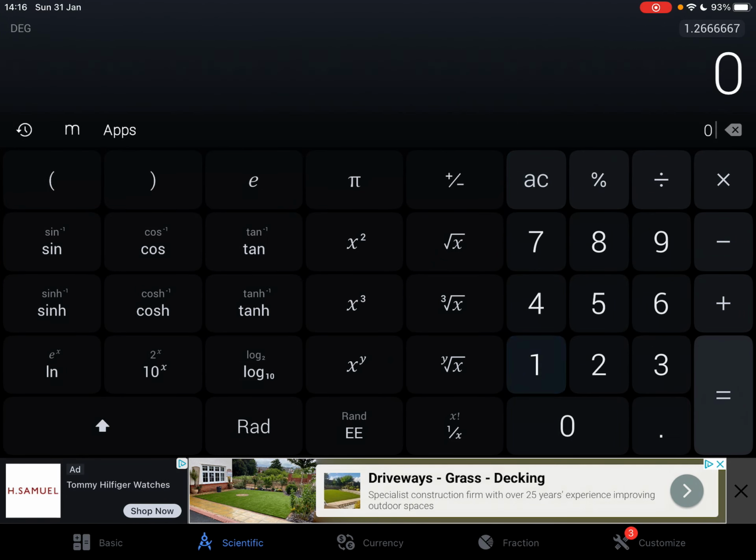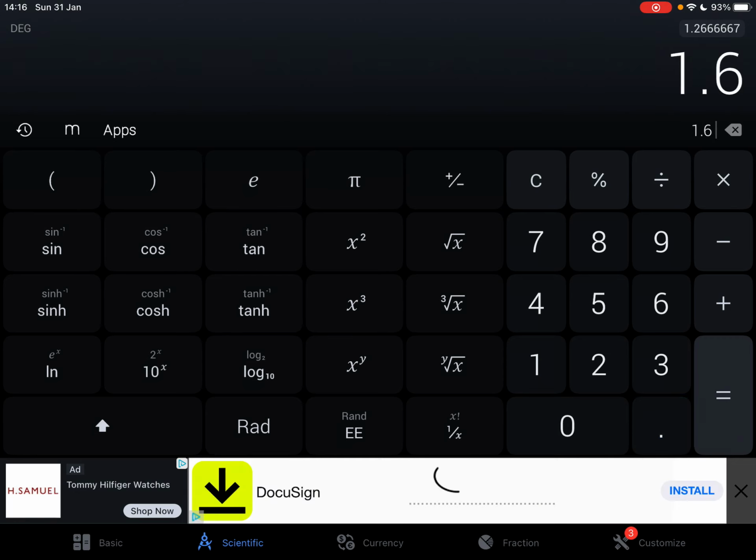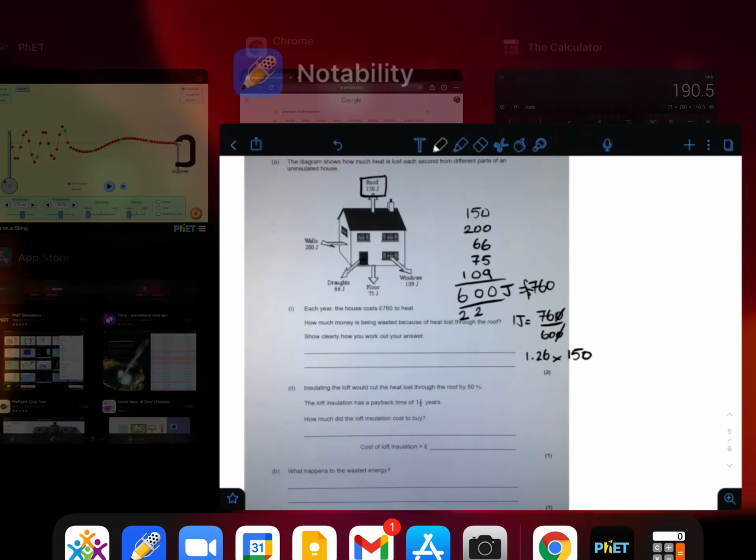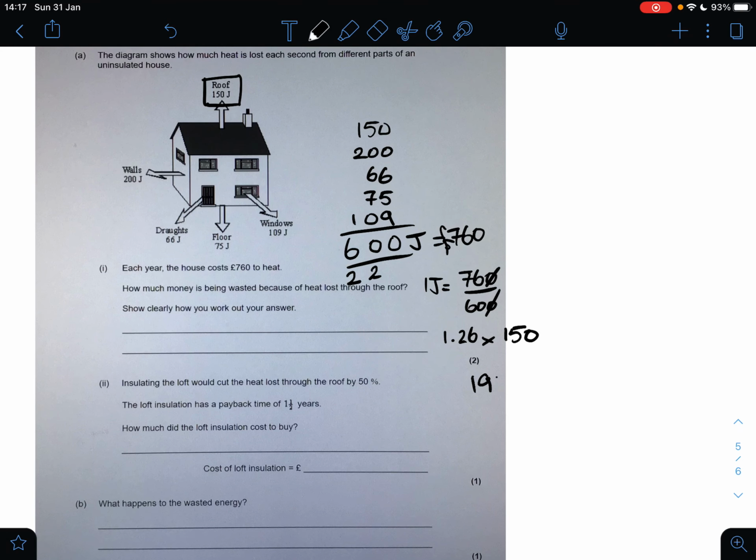Okay, so we cancel it. 1.26, let's call it 1.27 times 150. Boom. And it's going to cost £190 and 50p. £190 and 50p. And that's where the heat's going to be lost.